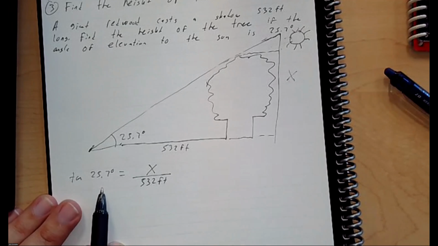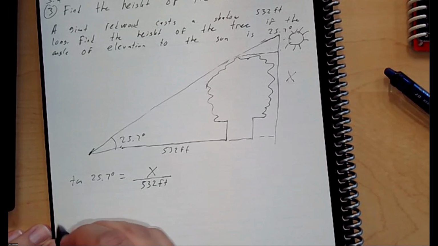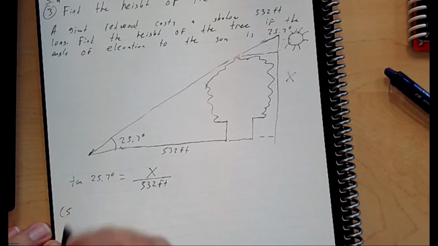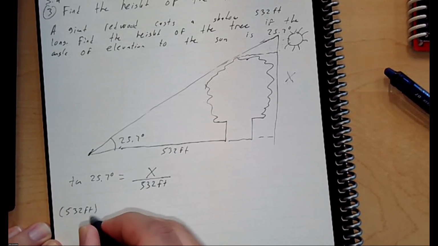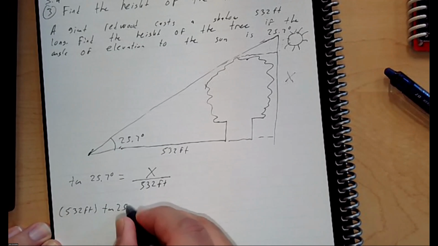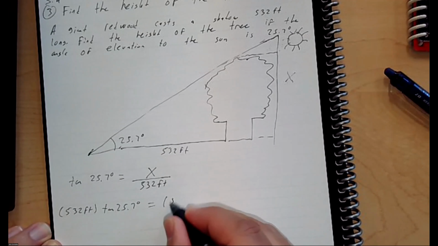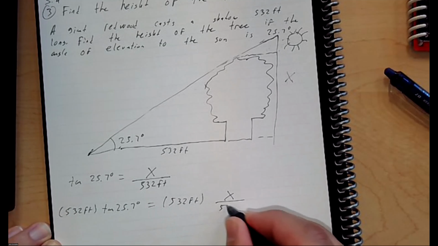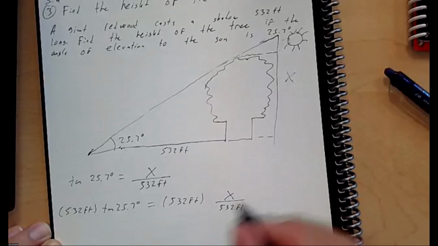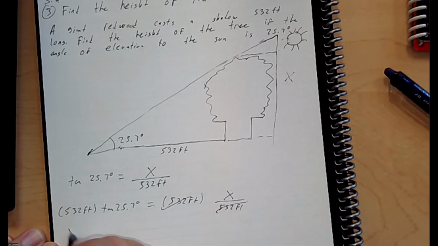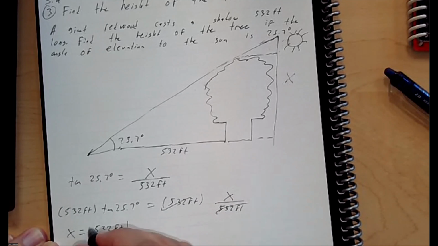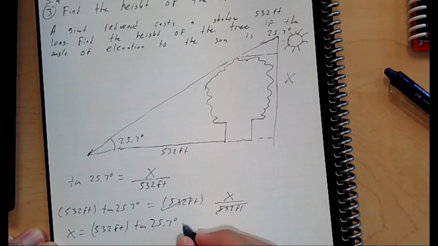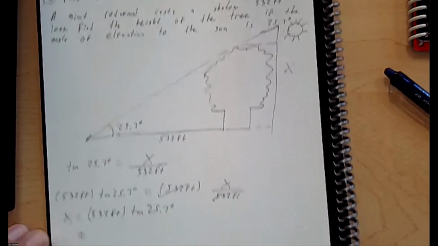So just solve for x and you're good. But once you have the picture, it's not too bad, right? Multiply both sides. This will cancel. So now x is equal to this garbage. I don't know what that is.